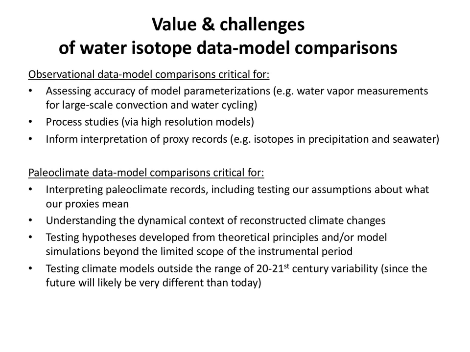Paleoclimate data model comparisons are really critical for interpreting our paleoclimate records, including some of our basic assumptions about what we think our proxies mean. They're also critical for understanding the dynamical context behind the climate changes we reconstruct from proxy records, and for testing some of our hypotheses that are developed from theoretical principles and model simulations beyond what we can really do with the modern period.